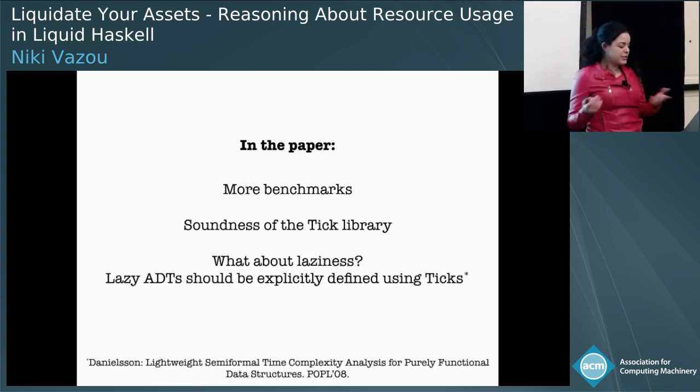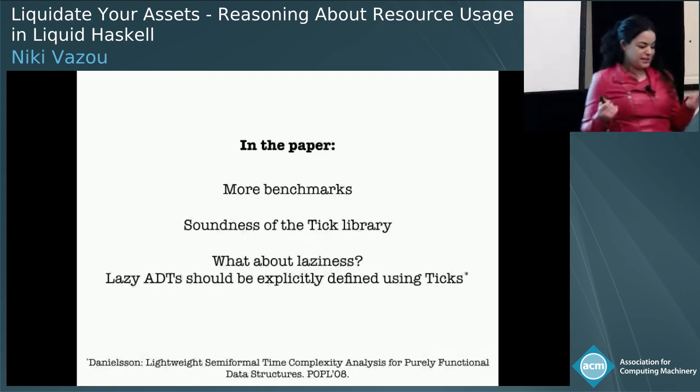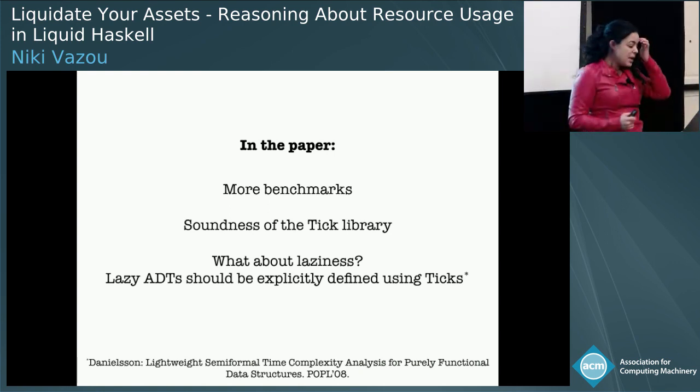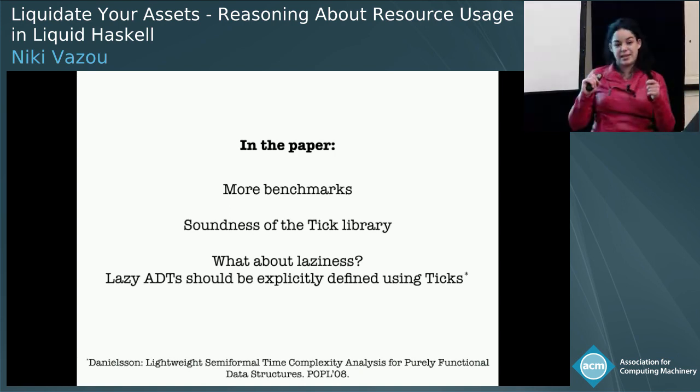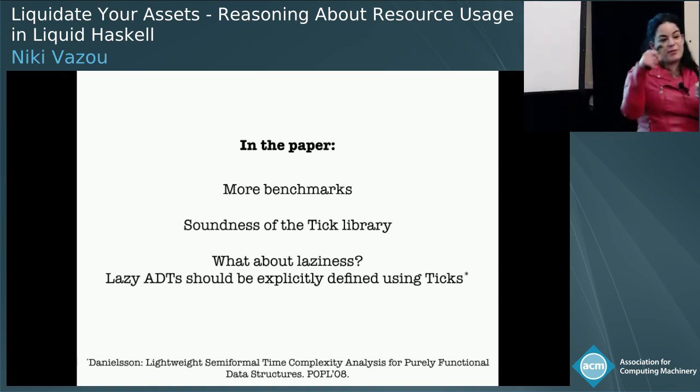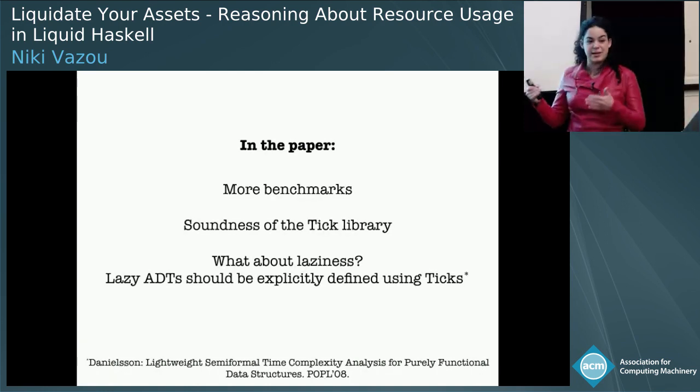And then there is this question that I cannot answer in 17 minutes, but it's a very interesting question. What about laziness? Because Haskell is a lazy language, but the thing is that the tick operations force evaluation. So the complexity that you're counting is on the forced evaluation inside the tick monad. So the time complexity that you are counting is actually eager.